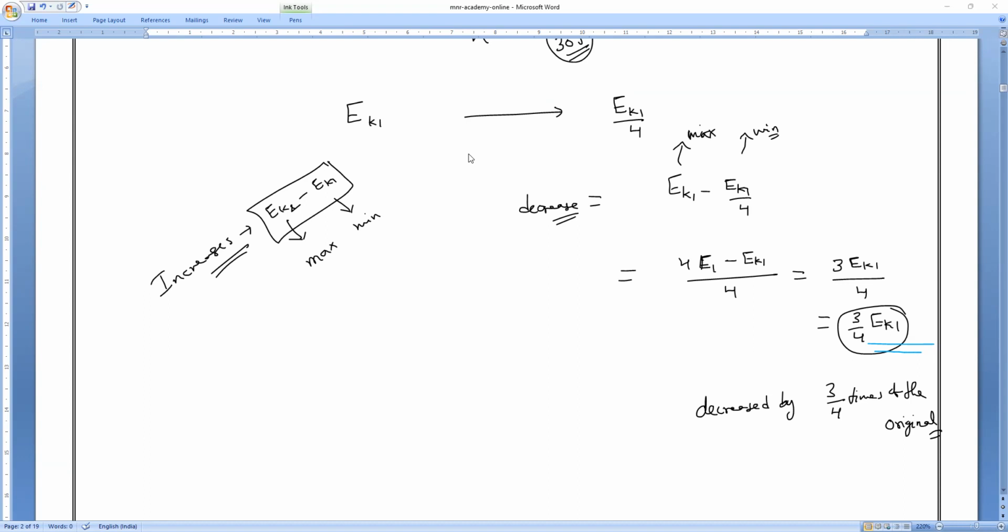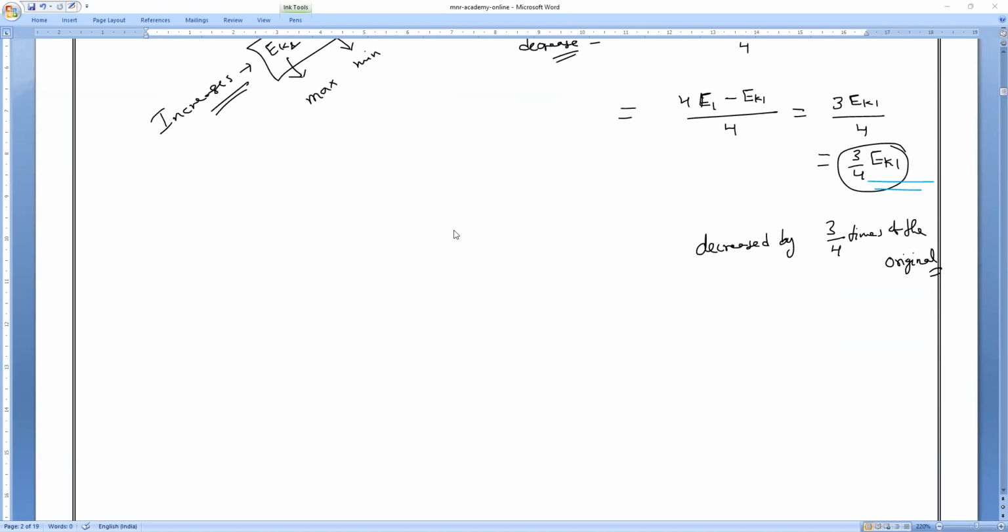Again I'm saying the question: a car and a bus are moving with the same velocity of 40 meter per second. If the ratio of their masses is 1:3.